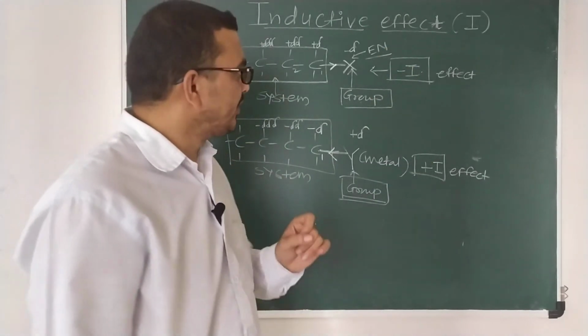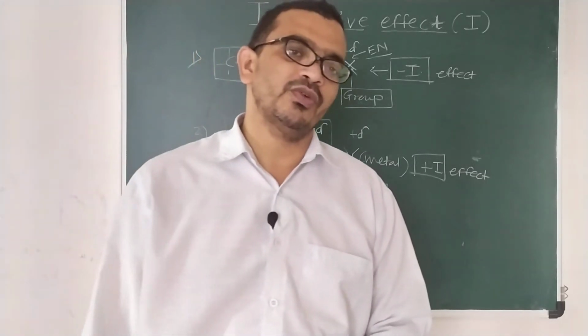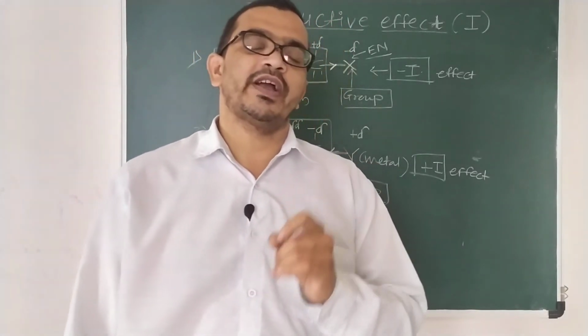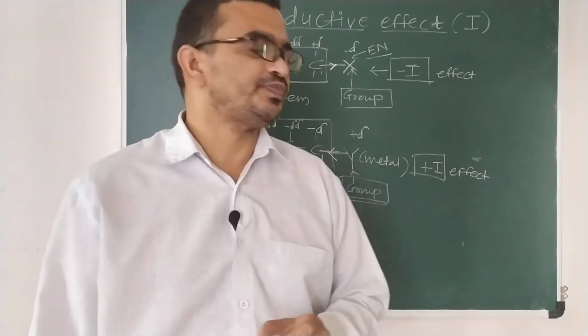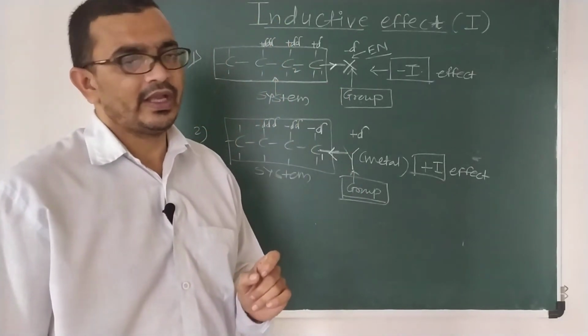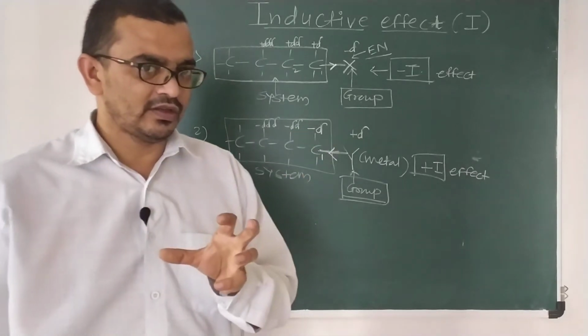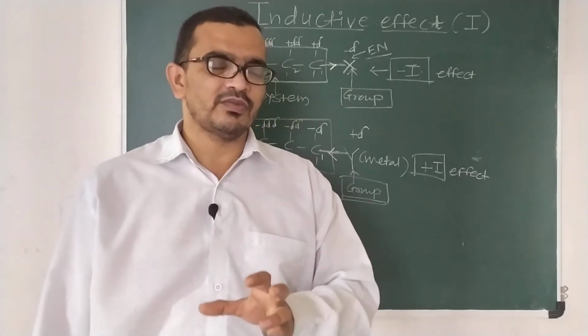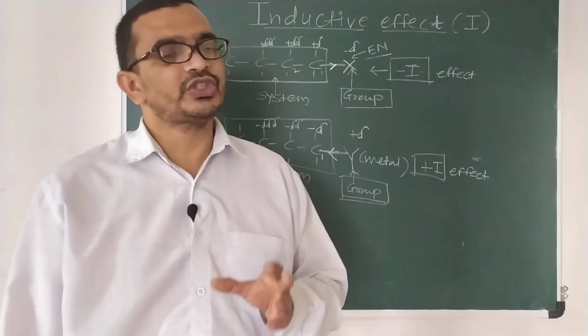Second point, now definitely the question is there in front of you. Sir, how are we going to identify in the examples which effect is there? In this way you have to identify. As per the attachment of the group in your system, you can easily understand which type of effect.